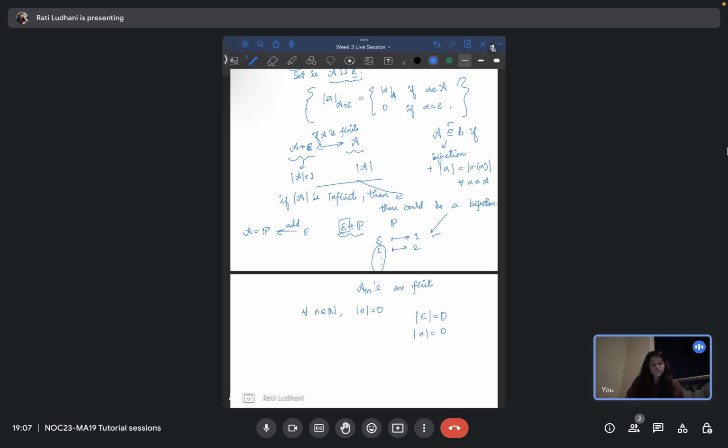There is a bijection and all the elements have size 0, so there is no problem. But this is not the case, because this is a combinatorial class, so you cannot have such a property. So epsilon has to go to 0.